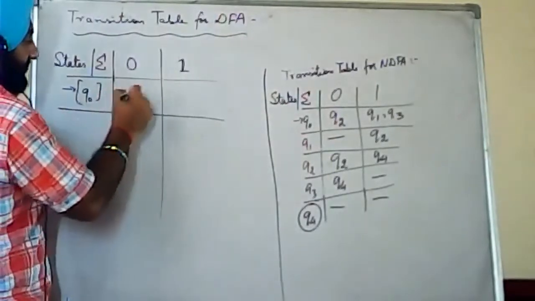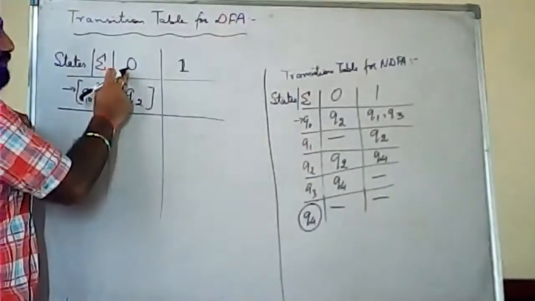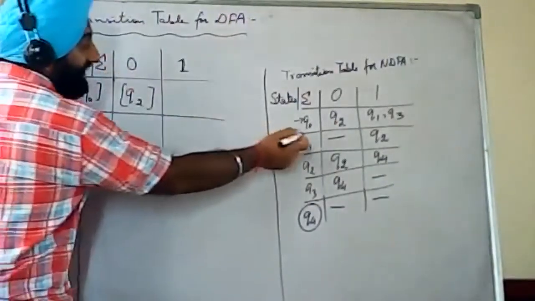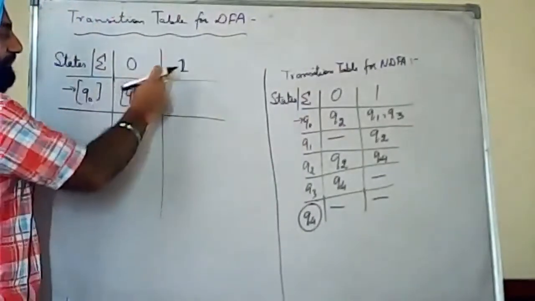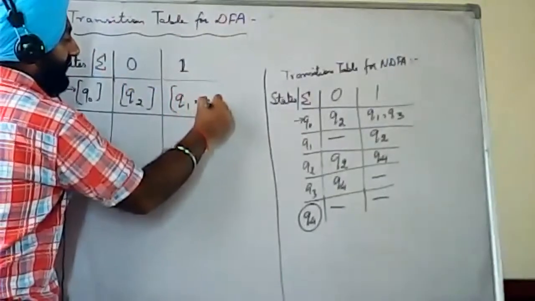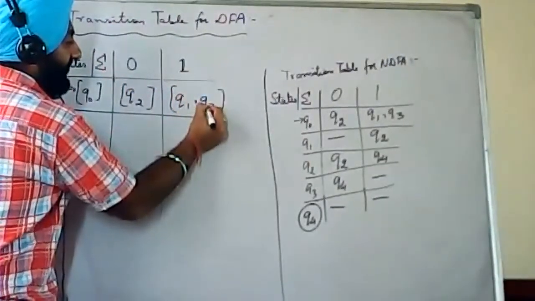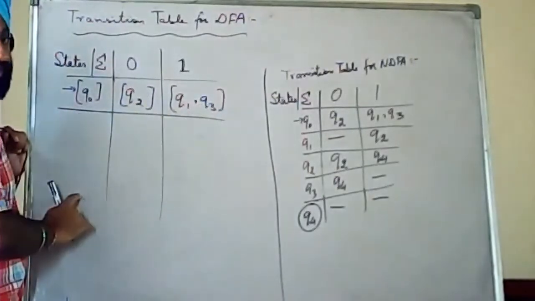Every time your first row will be the same. Q0 upon the processing of 0, check it from the original table, is going to Q2, and Q0 upon the processing of 1 is going to Q1 comma Q3. After this, you will have to write that state which you have not written over here.